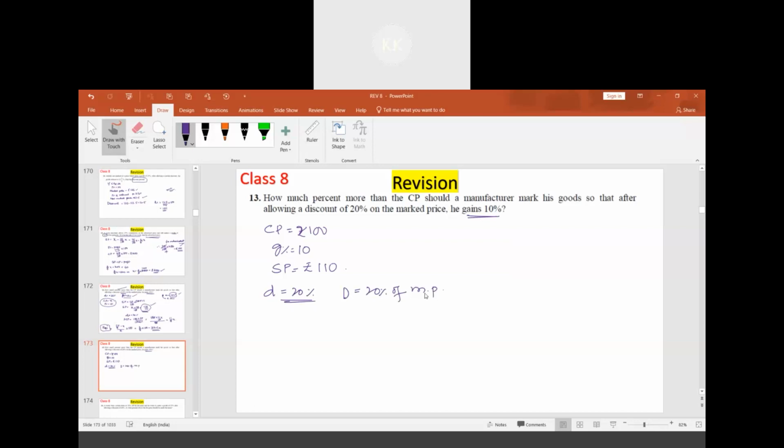We don't know the market price. Let me consider the market price to be x. So 20 divided by 100 times x will be equal to x by 5. And we know that the selling price is the market price minus the discount. So x minus x by 5 is 4x by 5.